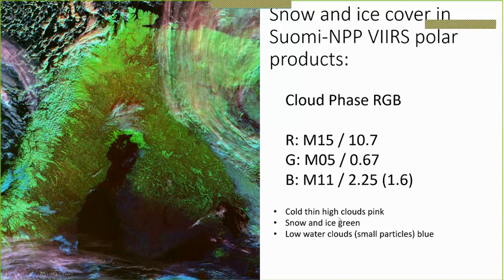And in this case, the cold thin high clouds are pinkish because we have the red part from the temperature information from the 10.7 channel, and then we also have information about the particle size with the blue channel. So we have also information about low water clouds with small ice particles. In this case, we can see them with the bluish colors. But all in all, again, for detecting snow and ice, it's a really good product also for that.